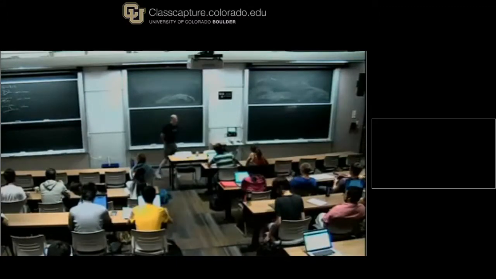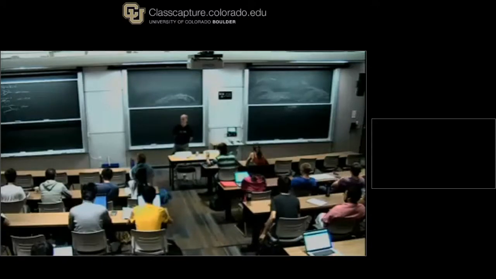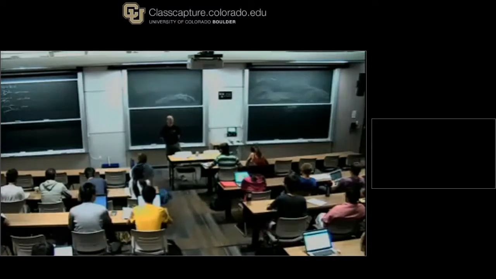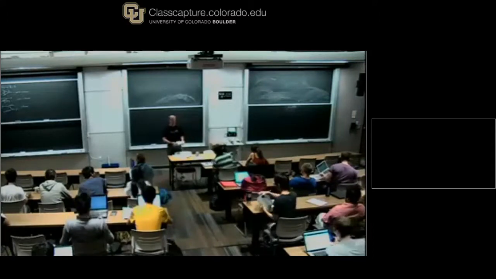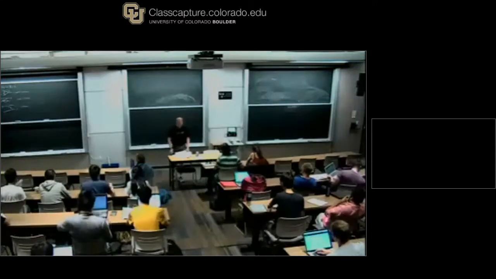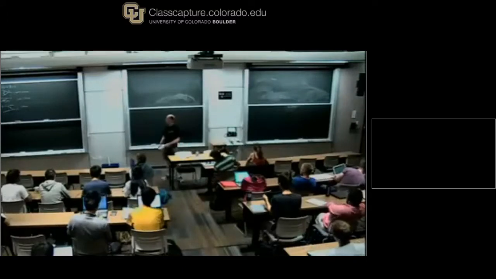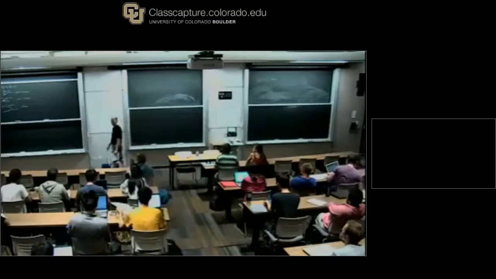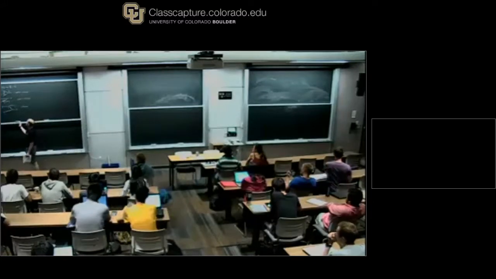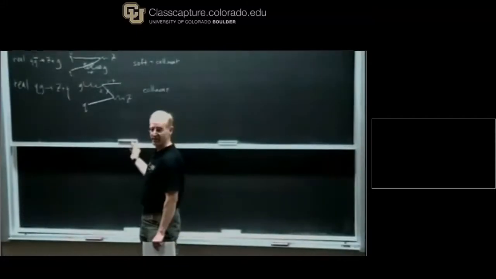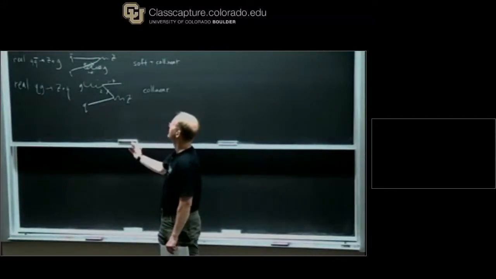Okay, great. So remember last time we were giving an example of the anatomy of a process at next to leading order. And we considered one of the very simplest cases, production of the Z boson and anything else at the LHC, at a pp collider.